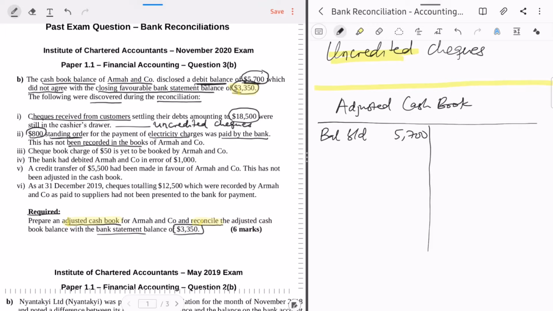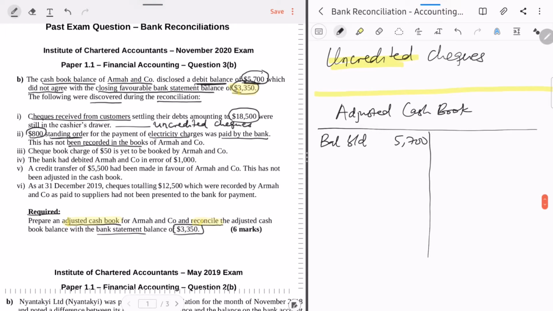They would debit your account when they are paying something on your behalf, standing order. When the bank debits, what do you do? You credit. So you come to the credit side and you write here what? Standing order. What's the figure? Right here, 800. Good.